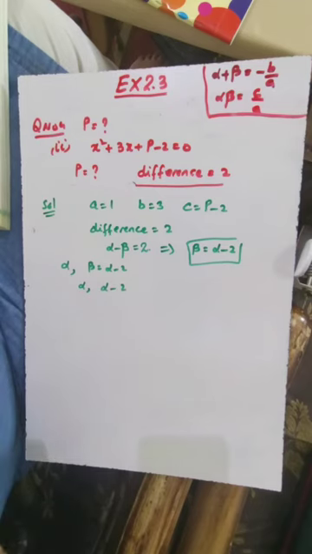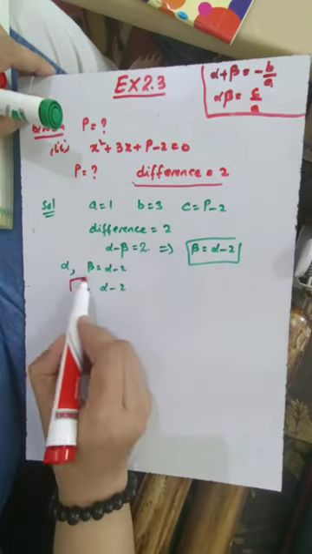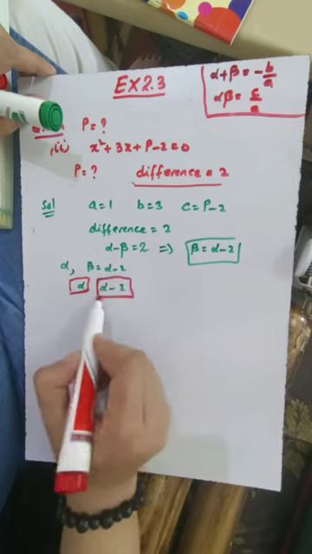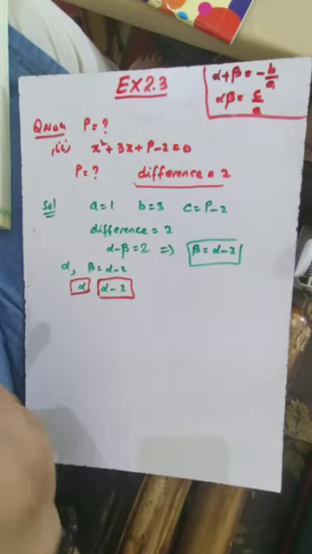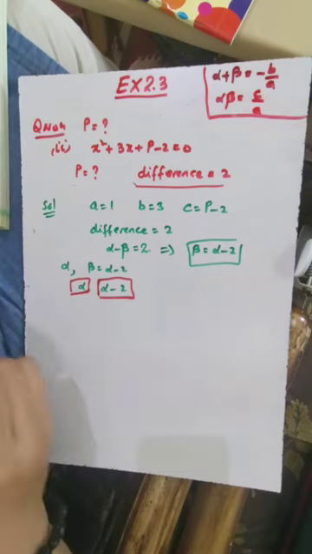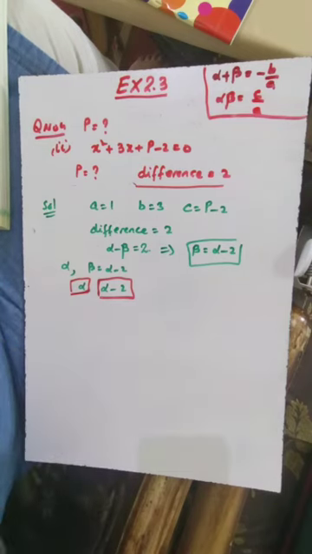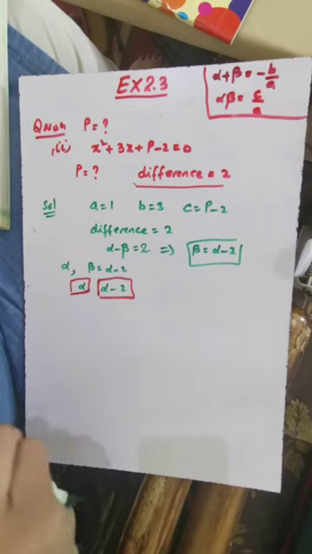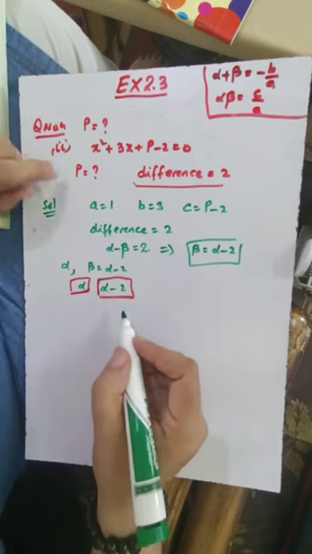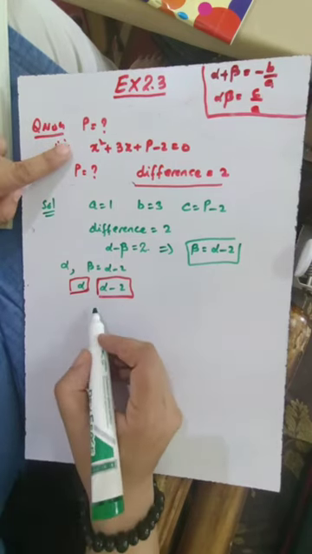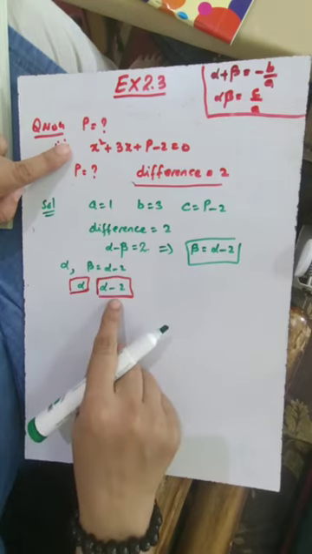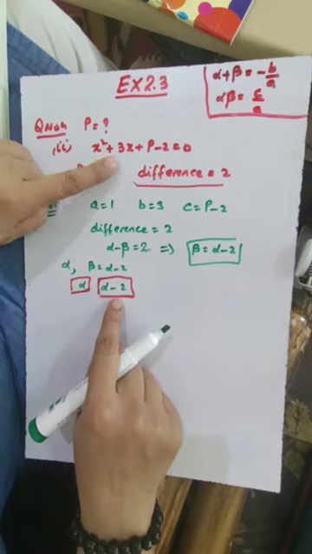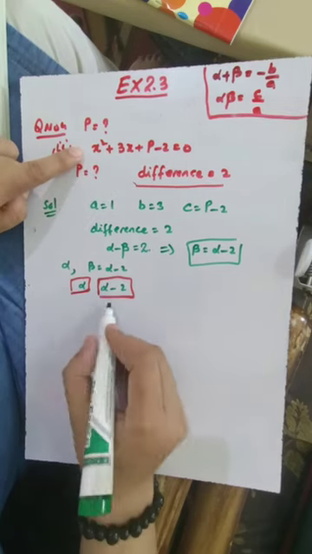Okay, and we have to find the value of p. Now we know that the sum of the roots, alpha plus beta, will be 3 by 1.